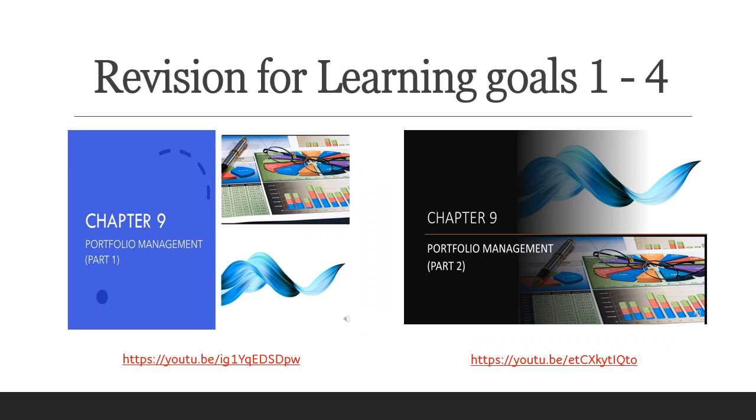For the revision purposes on the first 4 learning goals, please spare your time to revisit these 2 videos that I've prepared earlier to refresh your memory on all the topics mentioned just now. It will help you to relate to the next topic that we will be discussing.